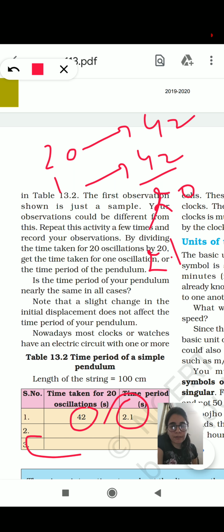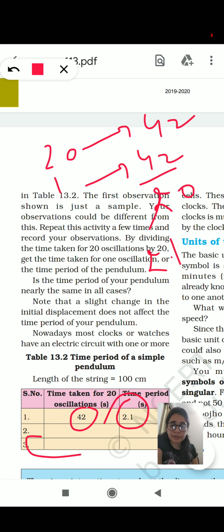So today we have covered motion. What is motion? When an object changes position with respect to time, that is called motion. We have discussed slow motion and fast motion. Slow motion is when an object covers a particular distance in greater time, and fast motion is when an object covers the particular distance in lesser time.